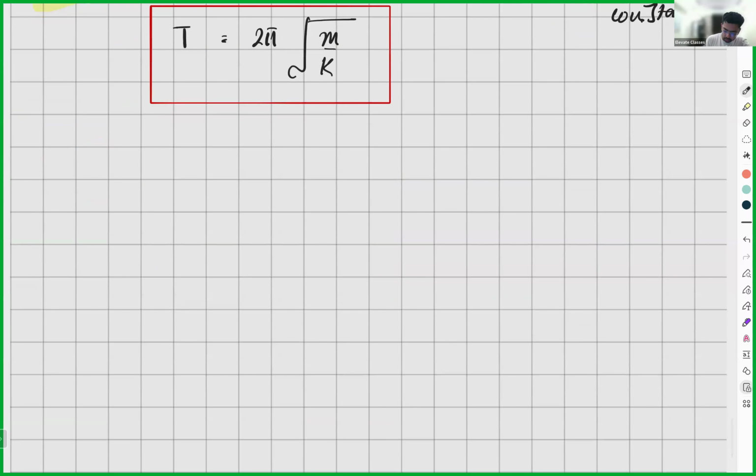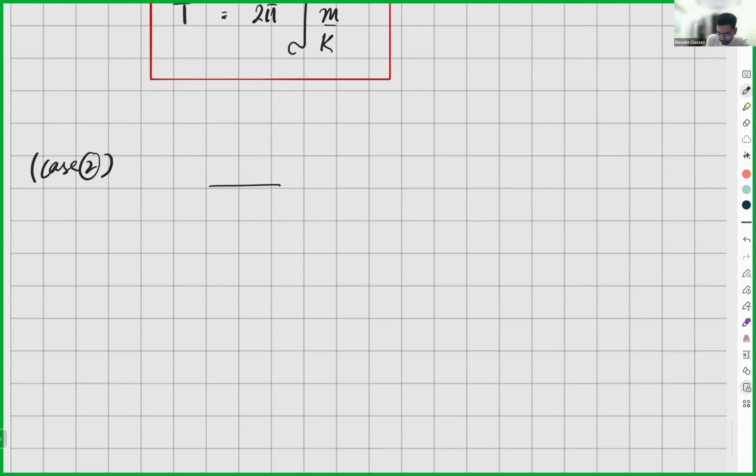Another case can be the spring mass system against gravity. So you see this spring, when in equilibrium, is already stretched.